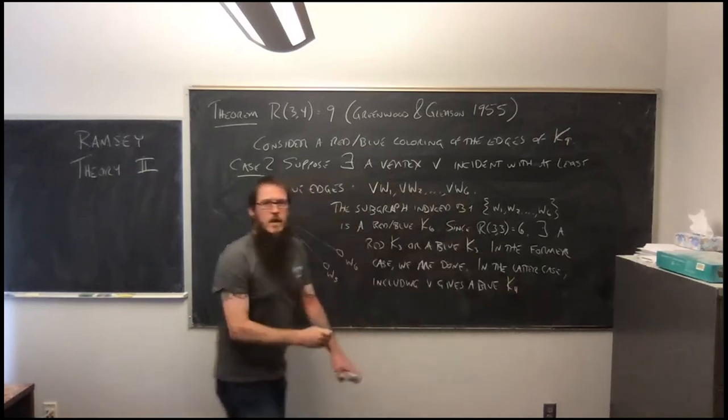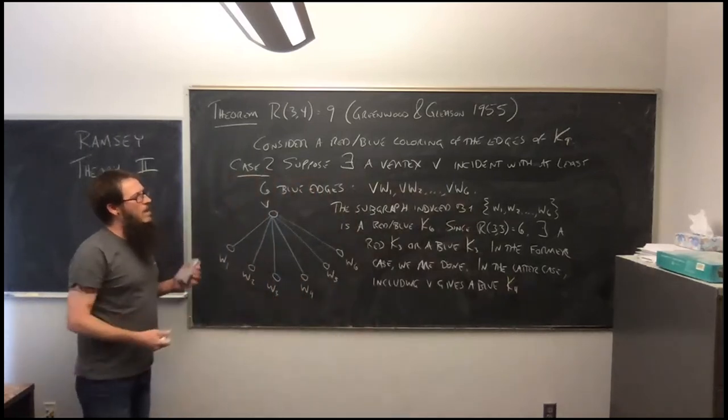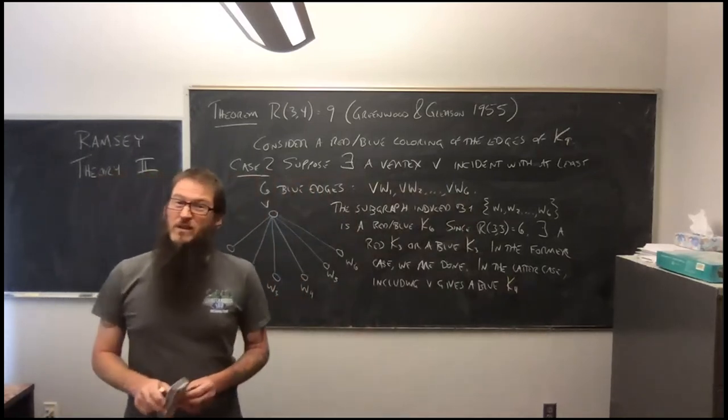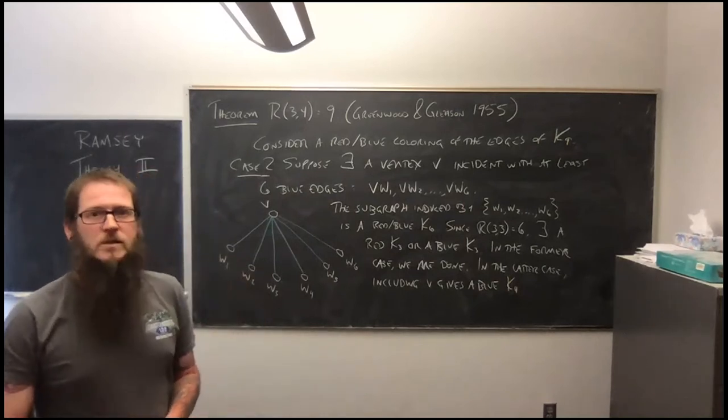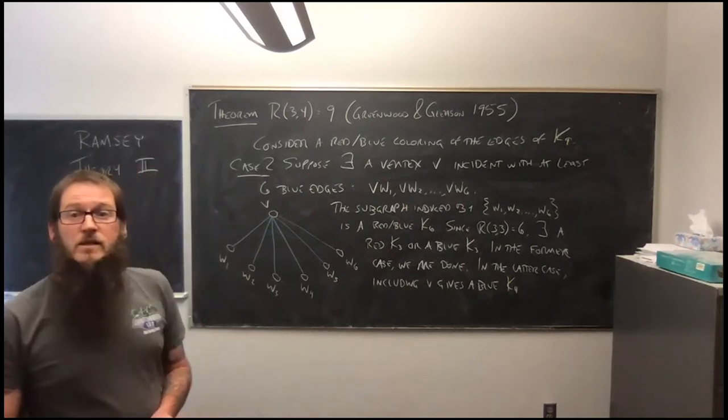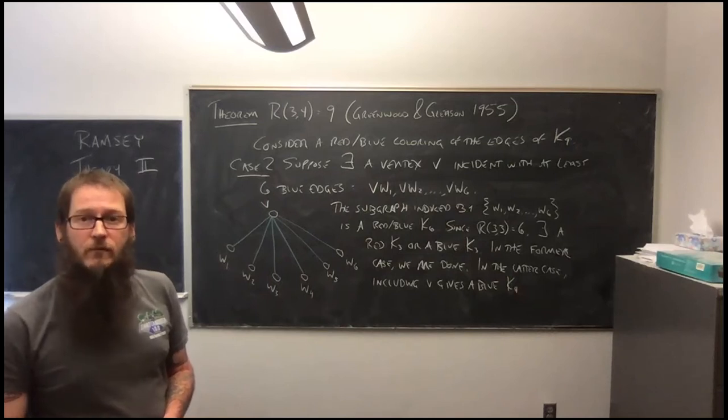That takes care of this case. We've argued that anytime we have a vertex V that's incident with at least 6 blue vertices, then we're guaranteed to have either a red triangle or a blue K4.